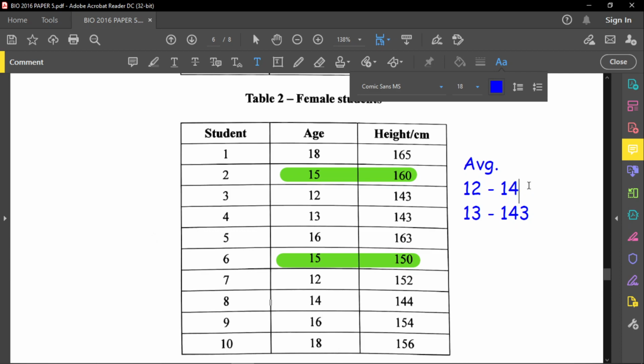Then 14-year-olds: we have one 14-year-old, so that's just 144. Over to 15-year-old females: we have two, 160 and 150, so that is 155.